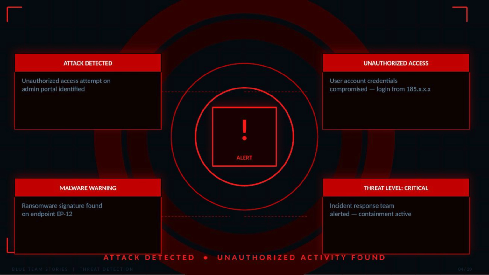Threat detection systems are designed to react instantly when suspicious behavior is identified. For example, if a user suddenly logs in from an unusual country, attempts to access restricted data, or begins encrypting large numbers of files, the system immediately recognizes the activity as abnormal.